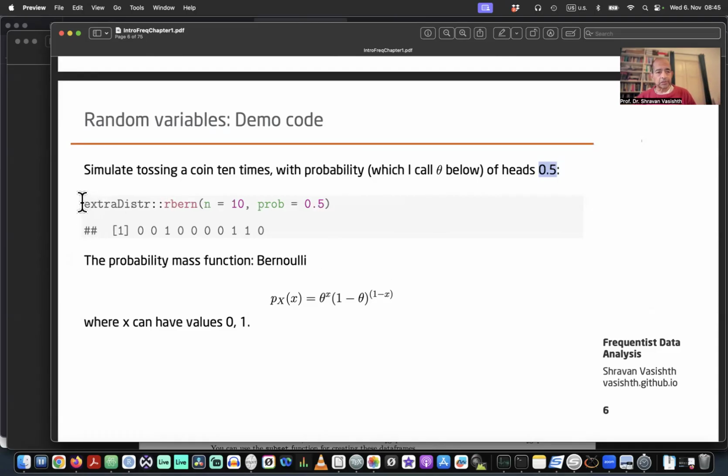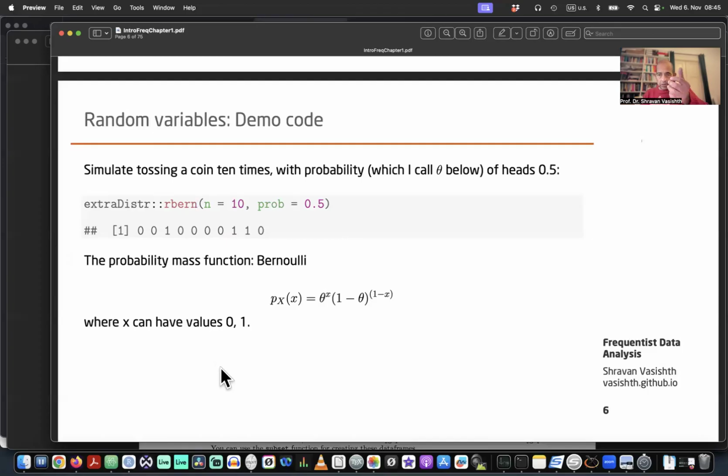We're going to use this library called extraDistr, which you'll have to install if you don't have it already. I'm taking a function inside the extraDistr library and running that function. This is called rbern. R stands for random, and bern stands for the Bernoulli random variable.